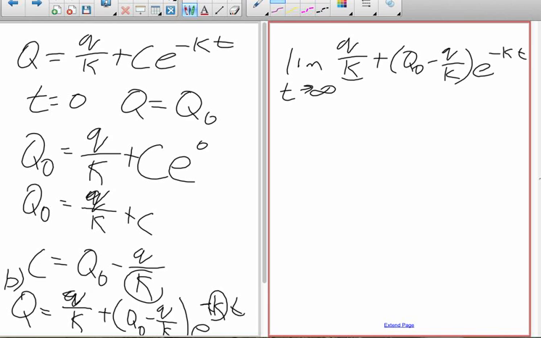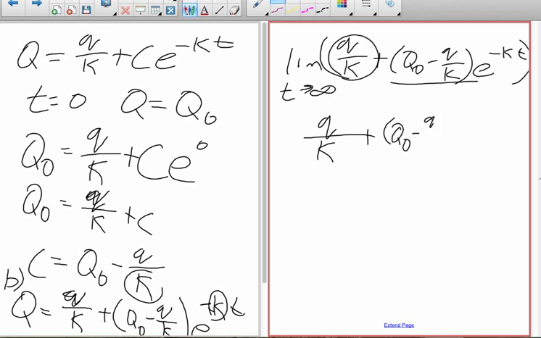Okay, because this term does not have t in it, we pull it out of the limit. So I'm going to have a q over k plus, these are not a function of time, I'm going to have a q0 minus q over k times the limit as t goes to infinity of e to the negative kt.